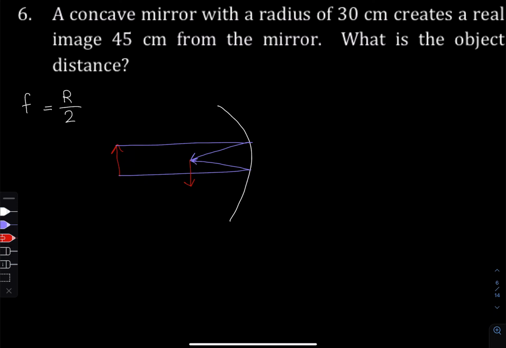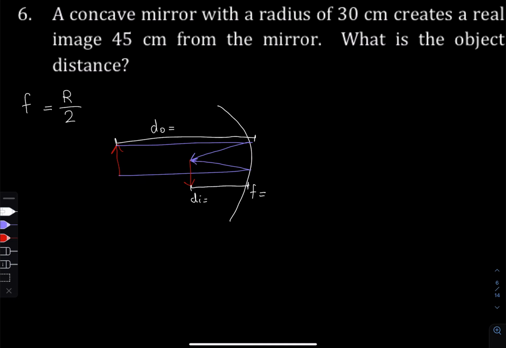And it's going to be a real image, but it's going to be inverted. So we can have the focal length of the mirror, we can have the distance of the object, and the distance of the image.